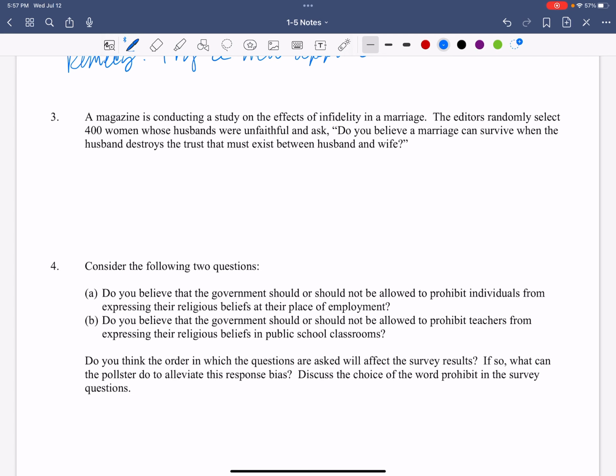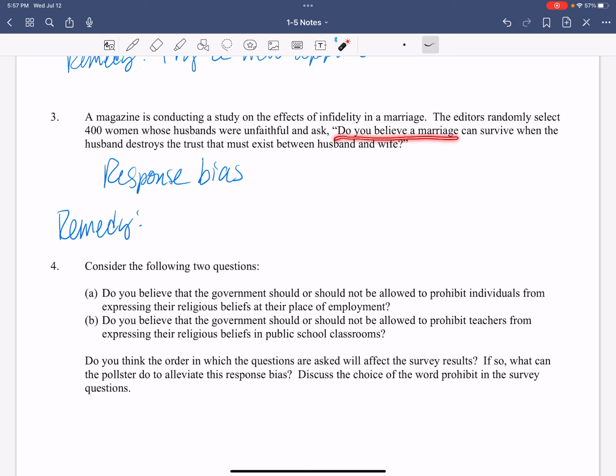There it is. So if I'm looking at this question, what type of bias are we going to get? A response bias, where the remedy is, look at this question. Do you think you're going to get something legitimate out of that? Do you believe a marriage can survive when the husband destroys the trust that must exist between husband and wife?